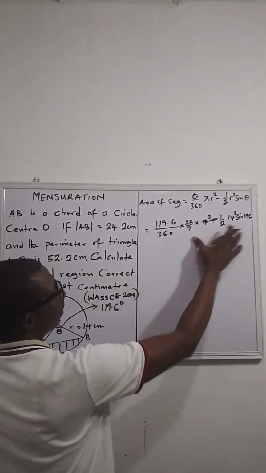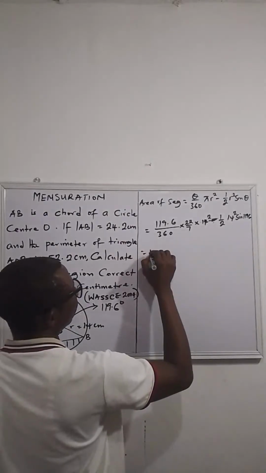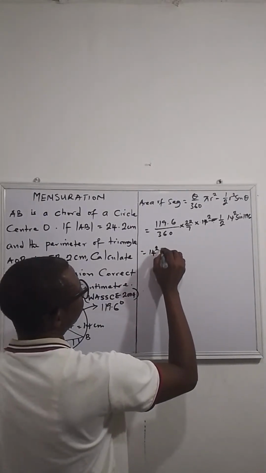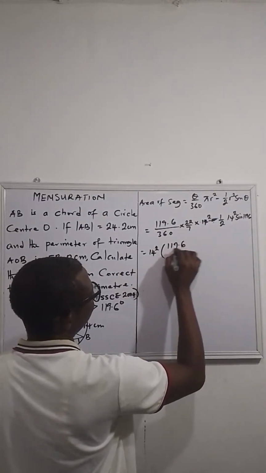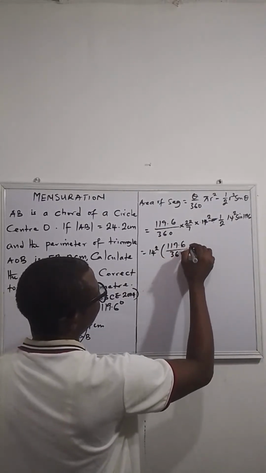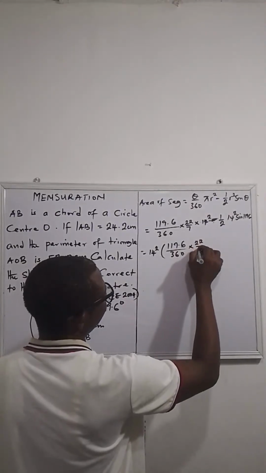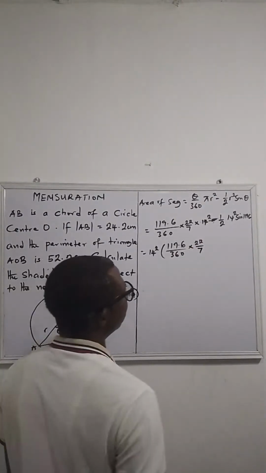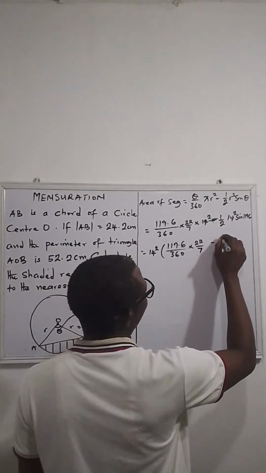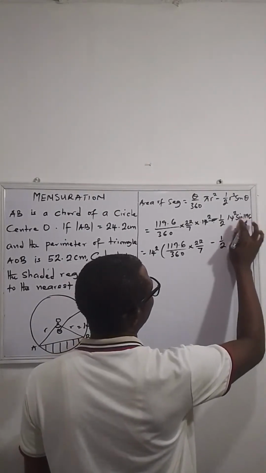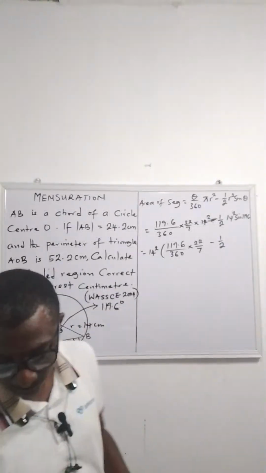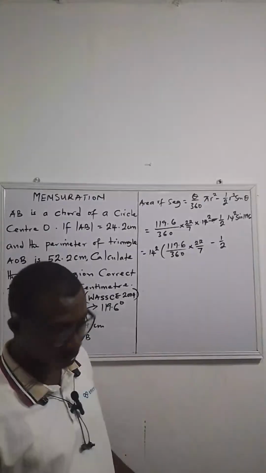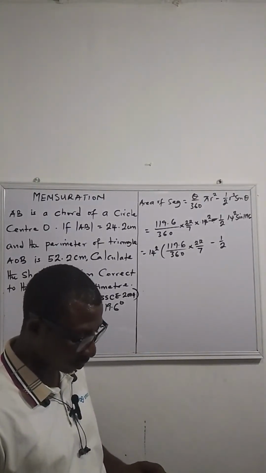Let's use 14 squared so we can factor that out. So we are left with 119.6 over 360 times 22 over 7, minus 1 over 2 sine 119.6.